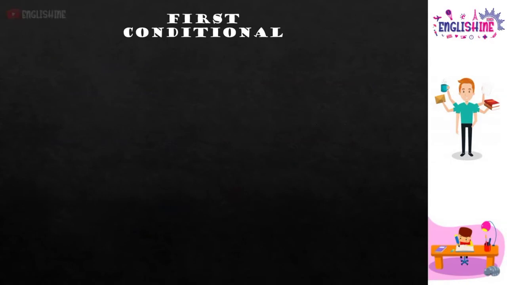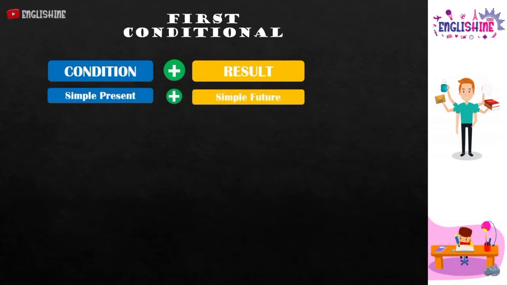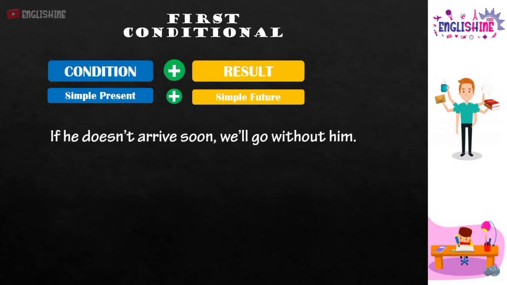Let's look at some other example sentences in the first conditional. We can see the condition and the result. The grammar is using simple present plus simple future. If he doesn't arrive soon, we'll go without him.